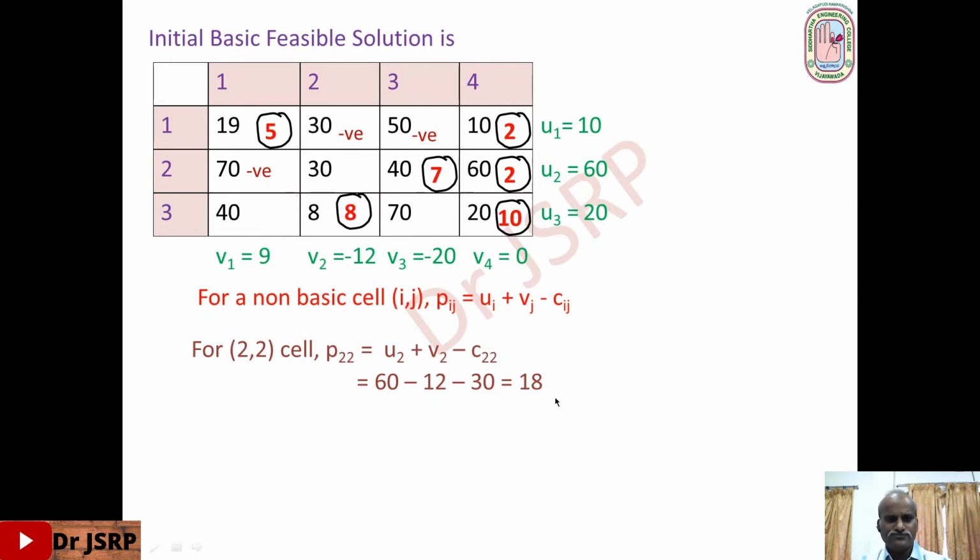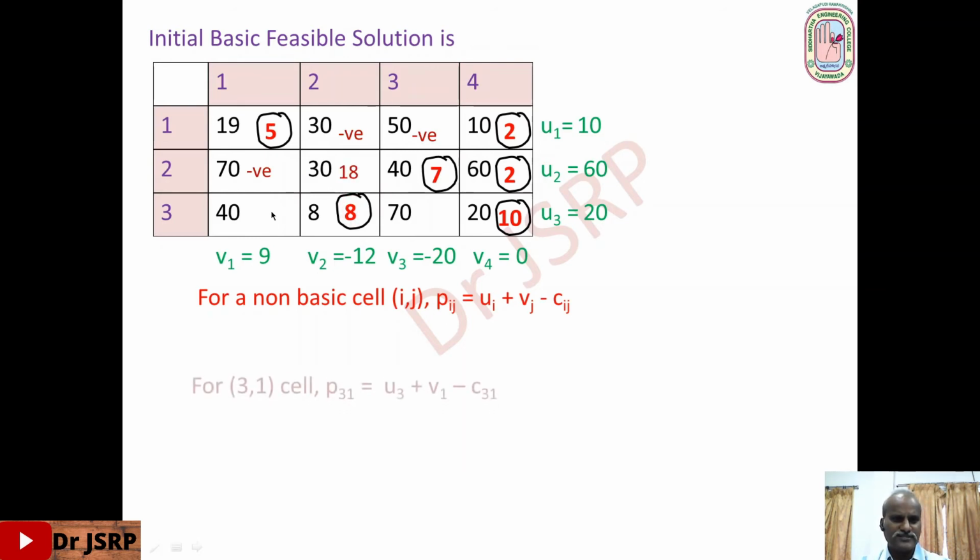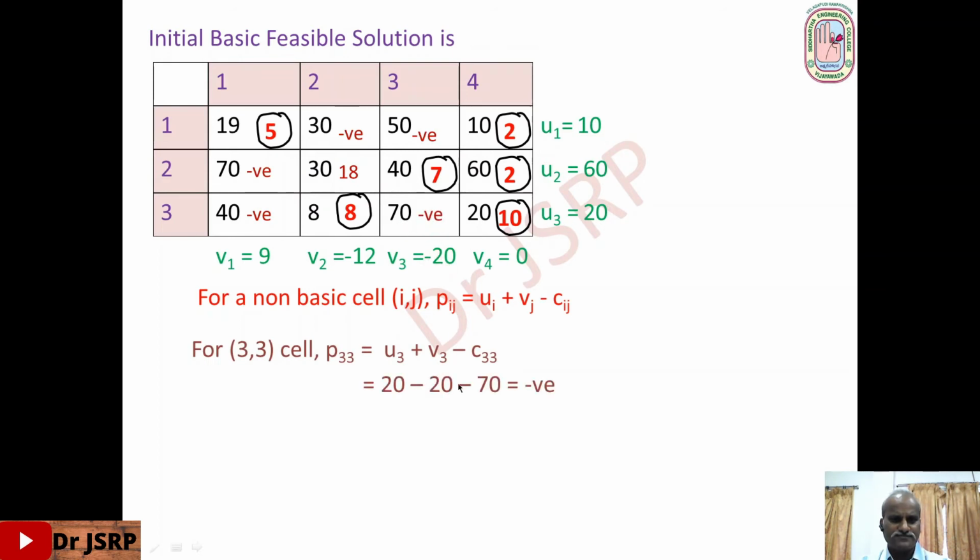So it is positive. This is 18. Next, for the 3,1 cell, P31 equals U3 plus V1 minus C31. So 20 plus 9 minus 40. It's clearly negative. P33: 20 minus 20 minus 70. Okay, negative.